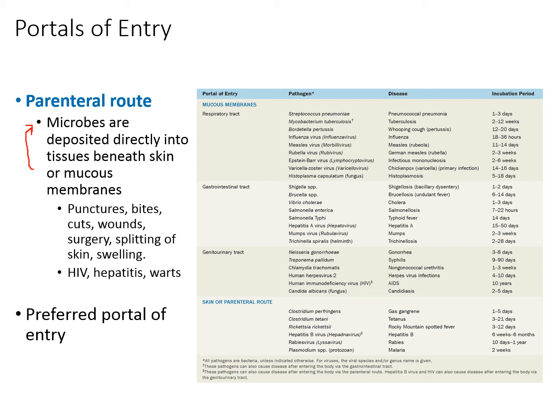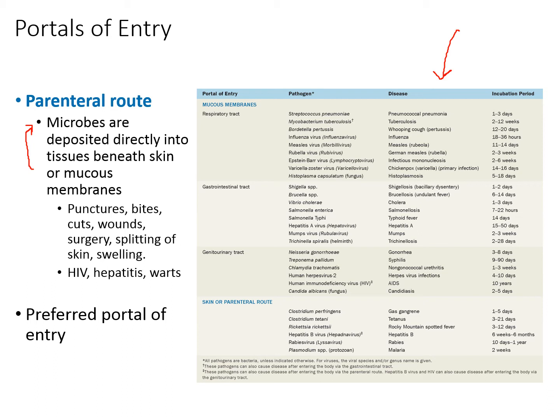Now, many microorganisms have a preferred portal of entry that they must enter to cause an infection. If they enter through a different route, they typically don't cause disease. This table is a list from your textbook of examples of pathogens that have a preferred portal of entry along with their incubation periods.